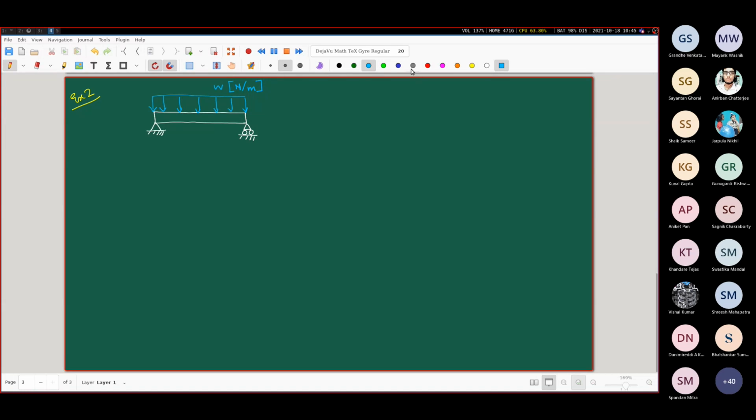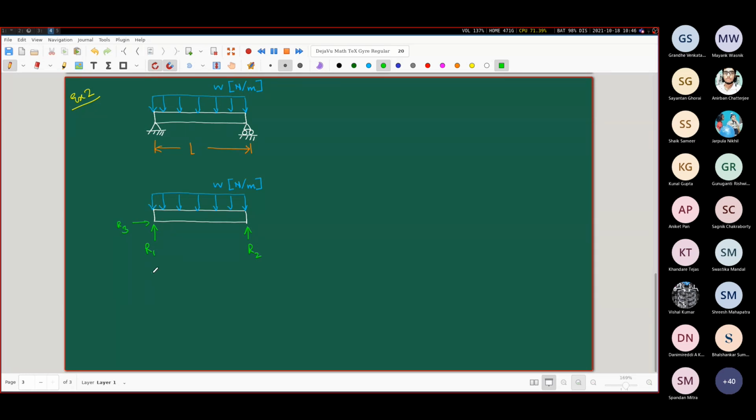Now you tell me if the entire length of this beam is L, what are the values of the reaction supports? So what I mean to say is that, if I draw the free body diagram, I'll have a R1 here and a R2 here, and of course one R3 also.